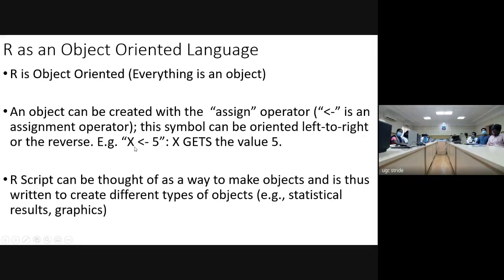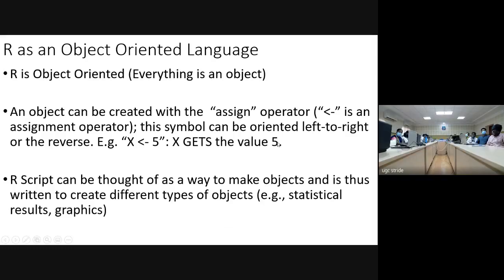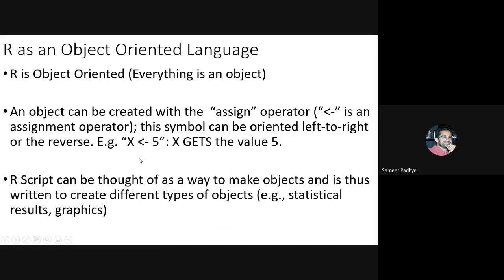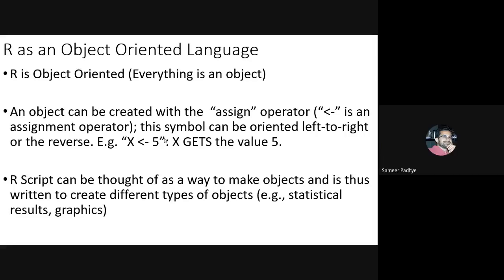What this tells is you are assigning the value 5 to this variable x, or x gets the value 5. And it's not only a value, you can assign anything to x. You can assign a function to x, you can assign a data visualization to x, you can assign data analysis to x. Since x is a variable, it can take in any values. And our script then can be thought of as a way to make these objects, different types of objects.